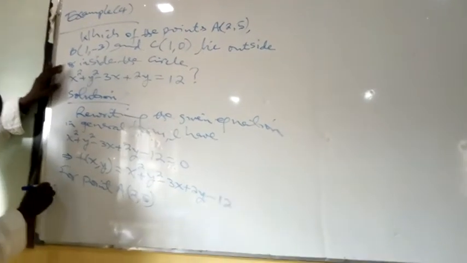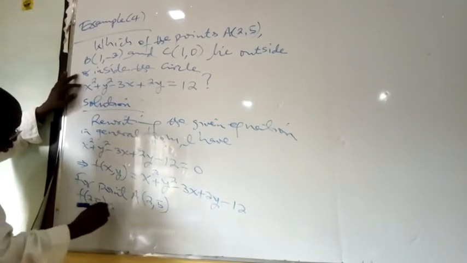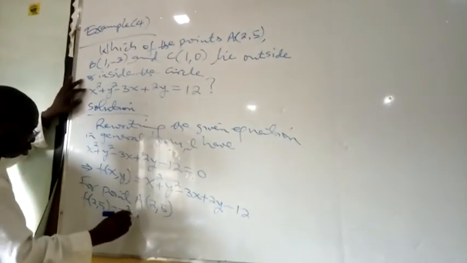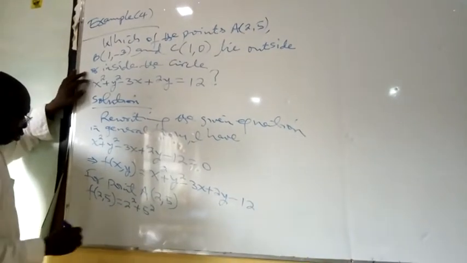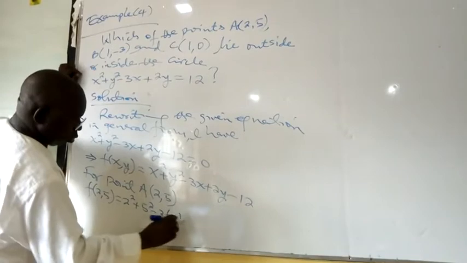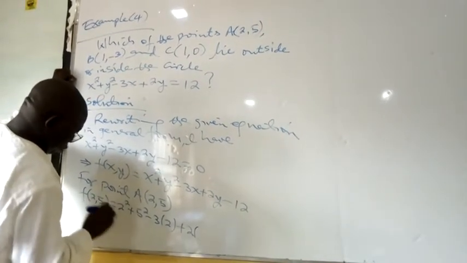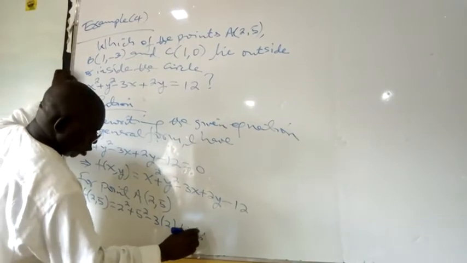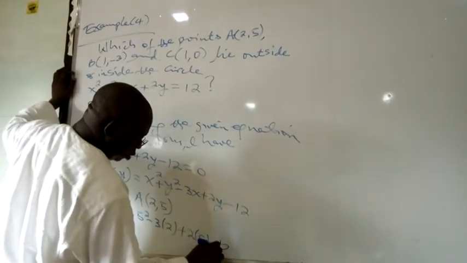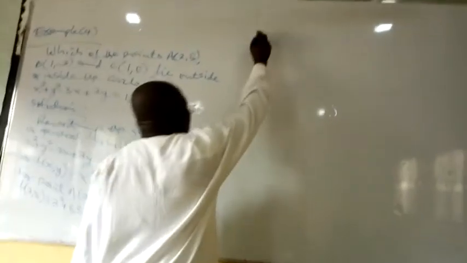So f(2, 5) = 2² + 5² - 3 into 2 + 2 into 5 - 12.